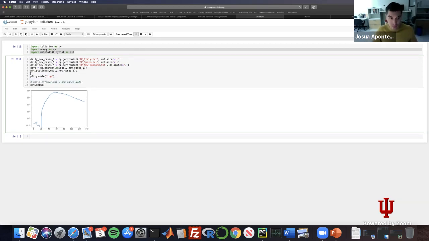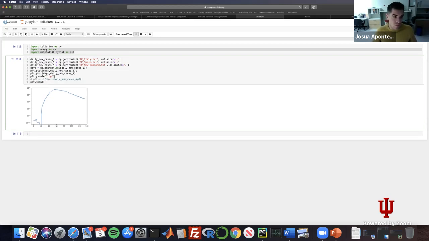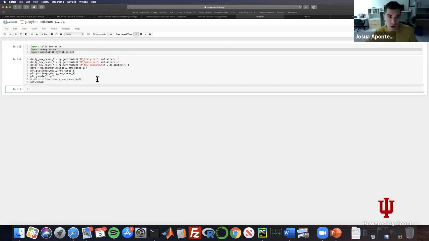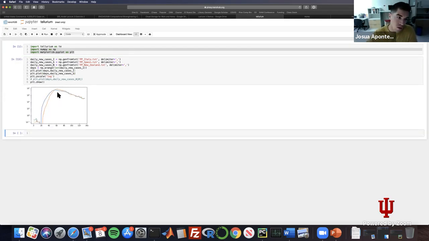At least for me, it's a little bit more difficult to use Excel because I'm not used to it, but I know a lot of people use it as well. But the idea is that once we have these curves, then we can estimate some of these parameters by looking at them.